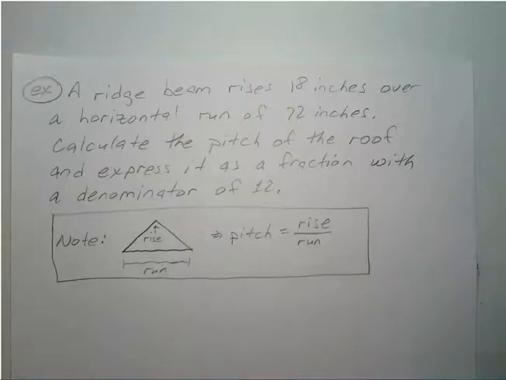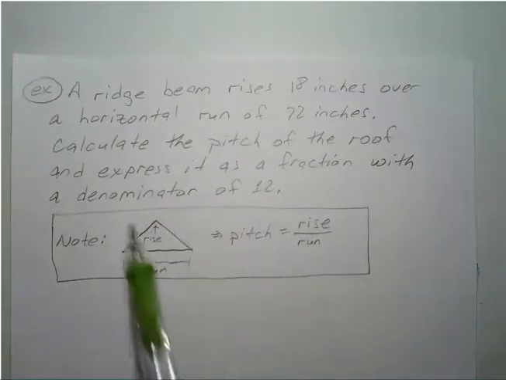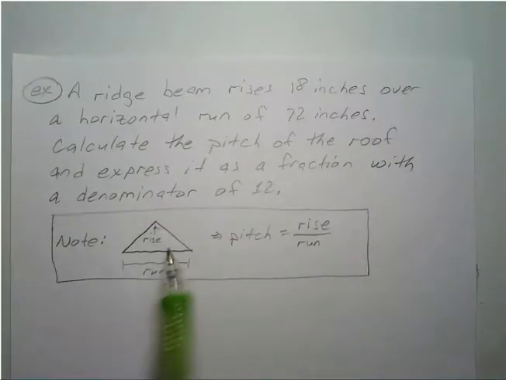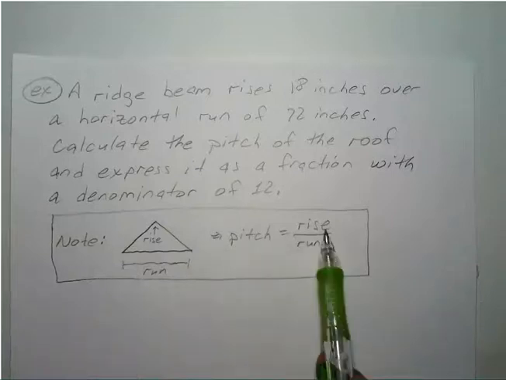Okay, so for this example, a ridge beam rises 18 inches over a horizontal run of 72 inches. Calculate the pitch of the roof and express it as a fraction with a denominator of 12. All right, so note, when you have a roof pitch, it's the rise over run. So your pitch is equal to rise over run.